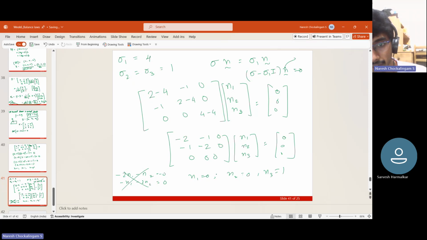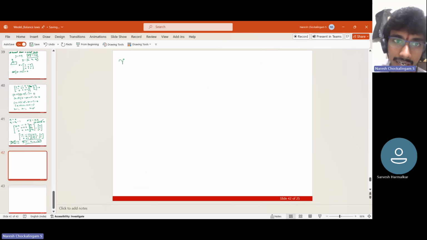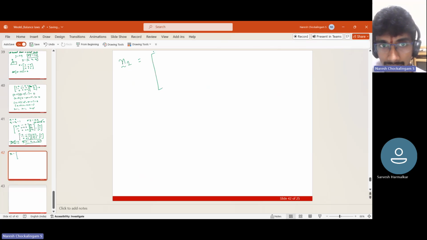Let us choose it as 1 so that it's a unit vector. So one plane on which the stresses are maximum is n3 equal to 1, which is the xy plane. So the principal vector along which the maximum principal stress lies is 0, 0, 1, which is the normal to the xy plane.